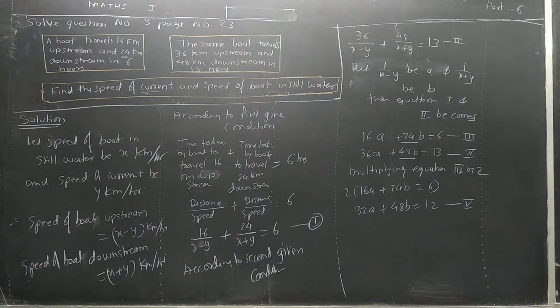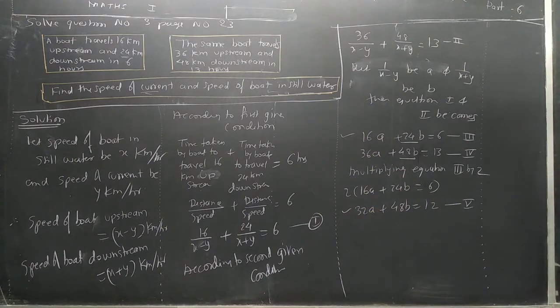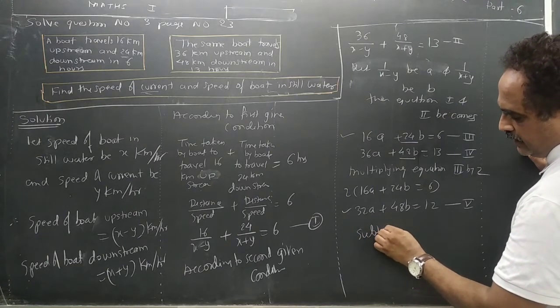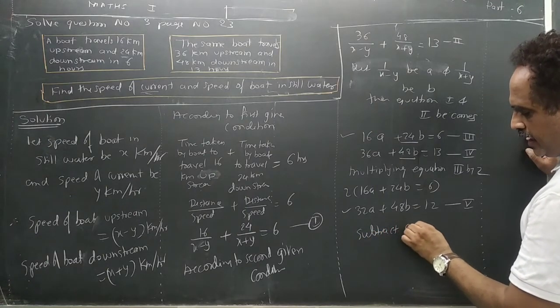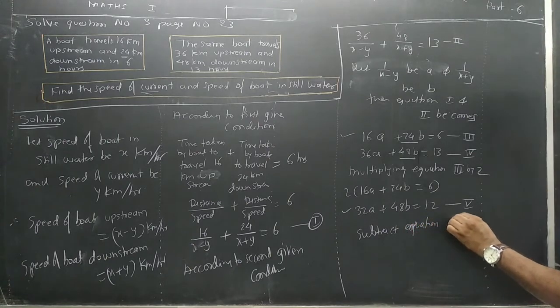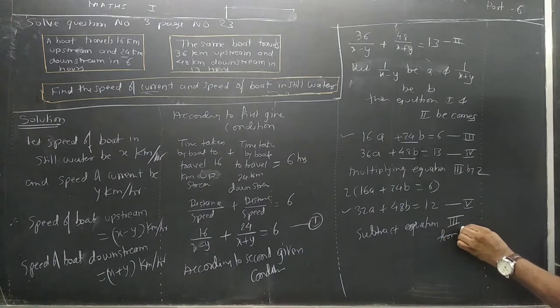Now you are going to compare this equation and this equation. So what can I write then? Subtract equation 3 from 5.